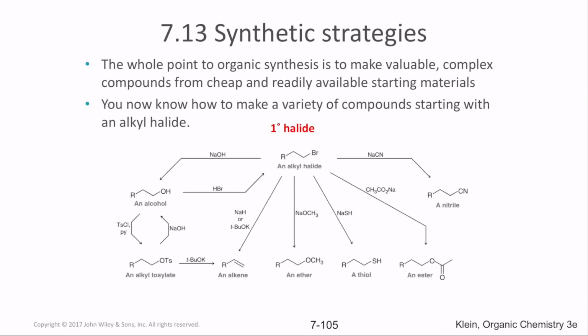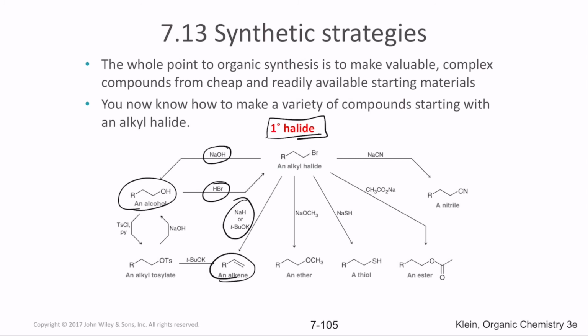So what are the synthesis strategies we have? We started with a primary halide. When you use NaOH, you can produce an alcohol. When you want to produce the alkyl halide, we use hydrohalic acids. When you use sodium hydride or potassium tert-butoxide, you can produce an alkene. Tosylates are basically other versions of alkyl halides, and can also produce an alkene.